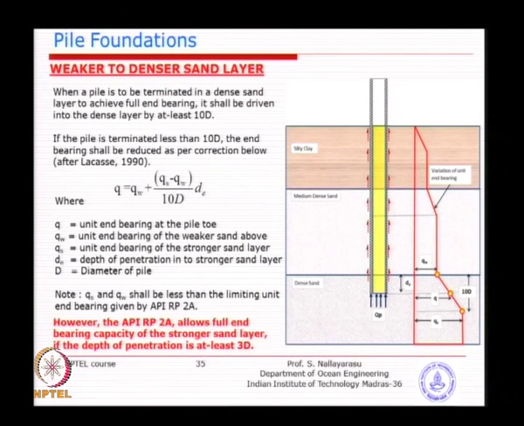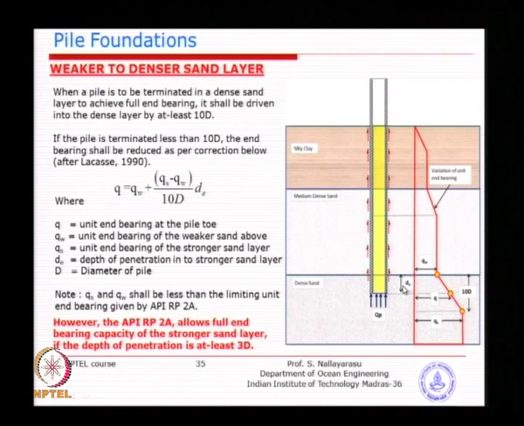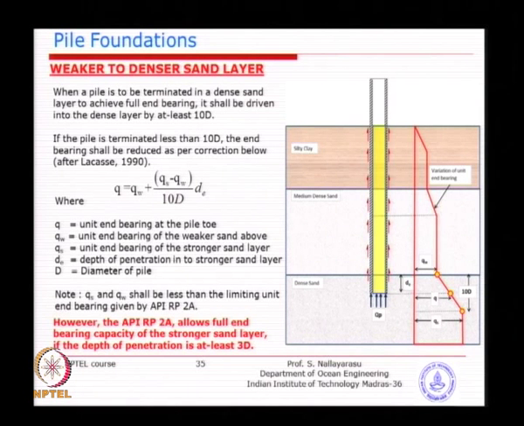Then you do a linear interpolation, that means simply Q S minus Q W divided by 10 diameter multiplied by the depth of penetration you have achieved, and that will be your capacity, which will be including the capacity of the weaker layer.